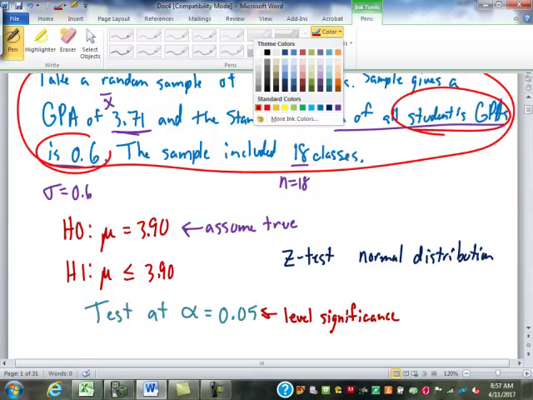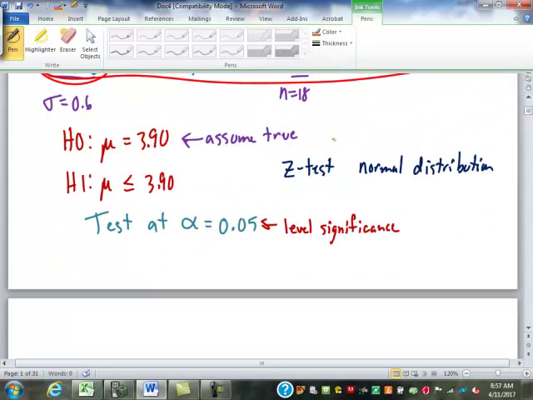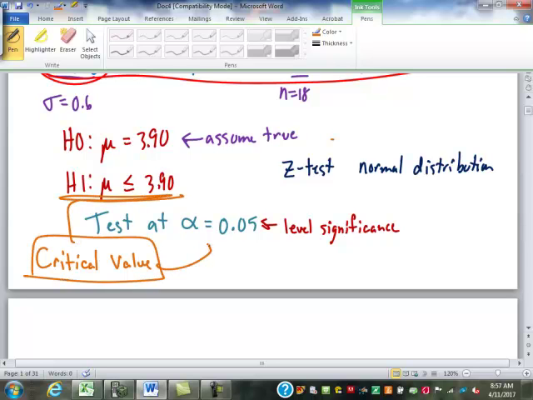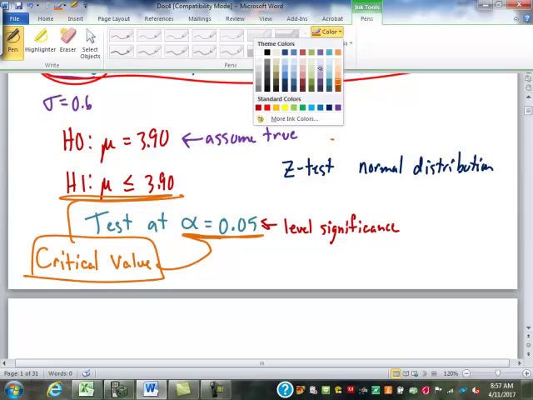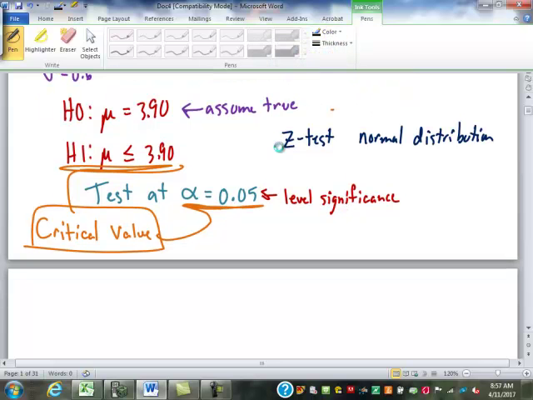And that is used to find your critical value. Two things are used to find your critical value: the alternative hypothesis and alpha. And of course the fact that this is a z-test.